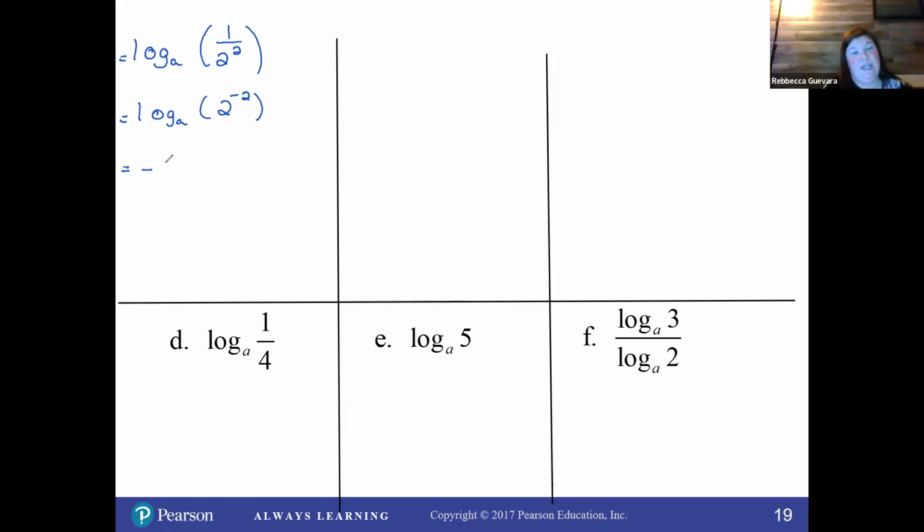So we can rewrite this as negative 2 log base A of 2. We said that log base A of 2 was 0.301, so this is just negative 2 times 0.301.